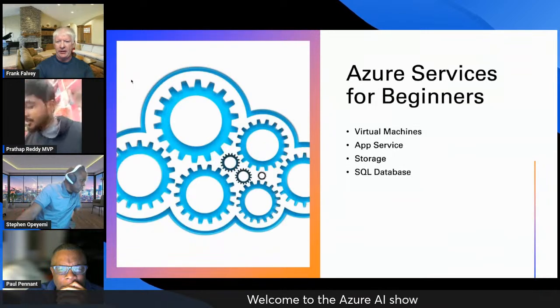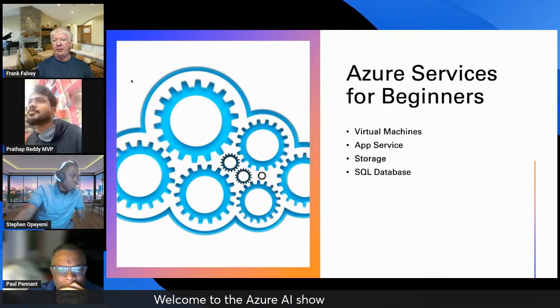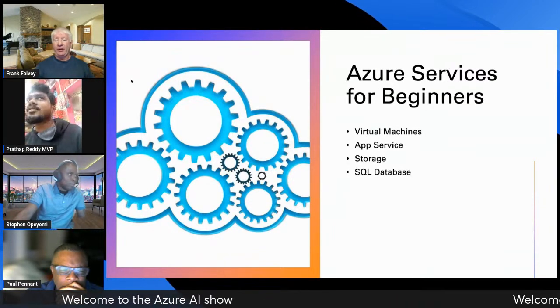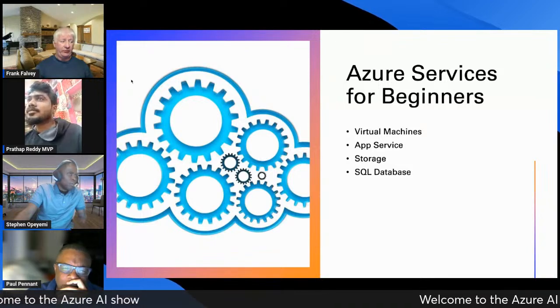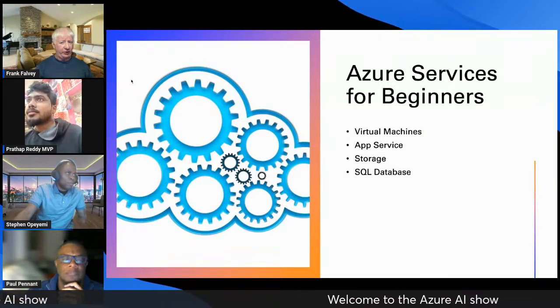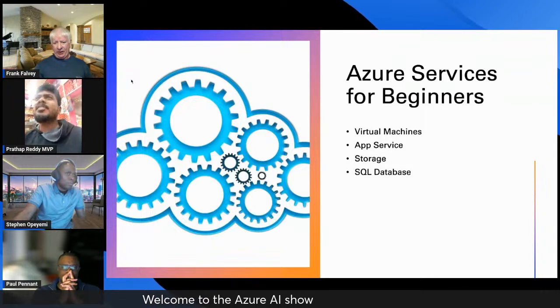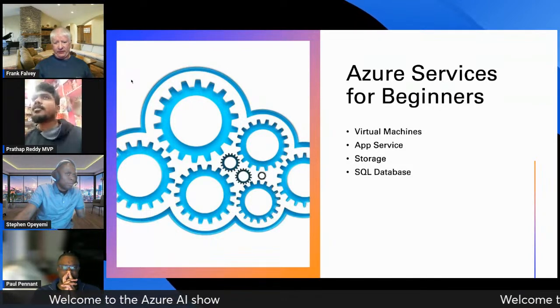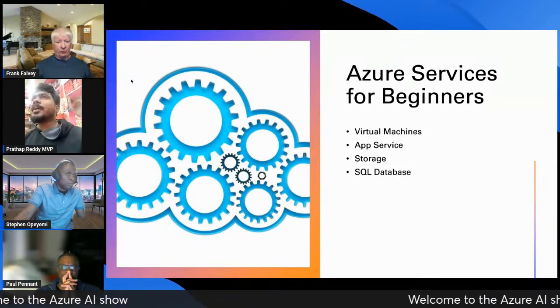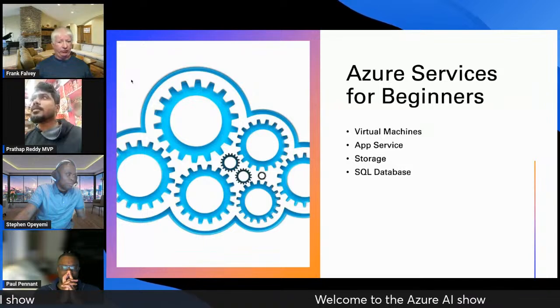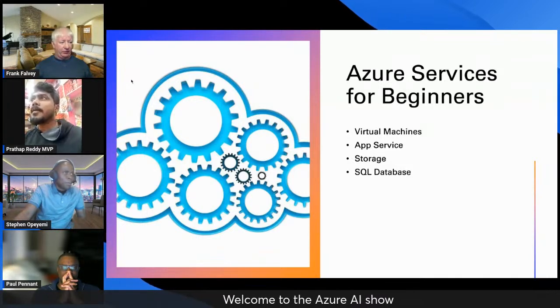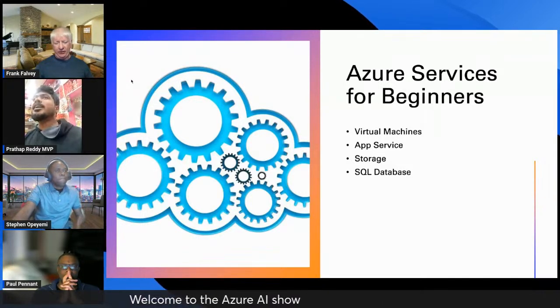So we just go on to the next slide there. Azure services for beginners. Virtual machine. You saw Stephen spinning up a virtual machine there in the Azure portal earlier. You also have app services. So any application you want to run, you can spin them up on Azure. Storage.